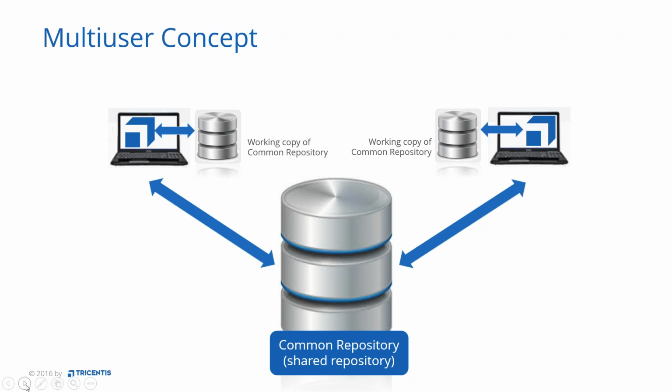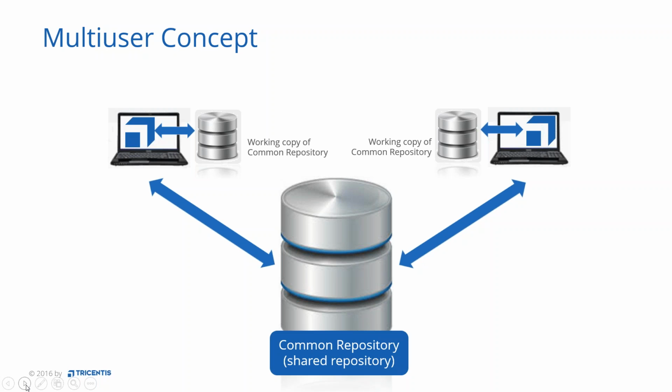The common repository must be created, which is done by your admin when Tosca is first set up in the project itself, and it is used to store data and manage multiple workspaces. So the common repository is the core of the multi-user environment and the central store of the data.